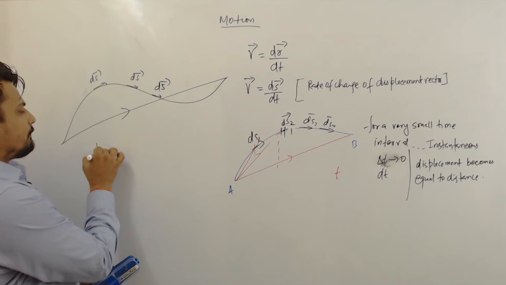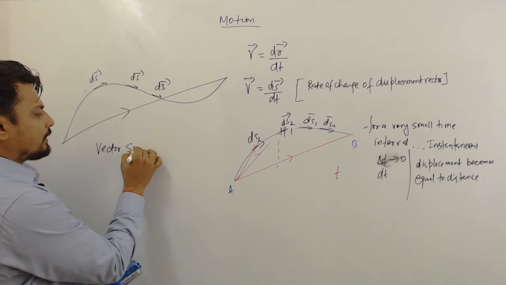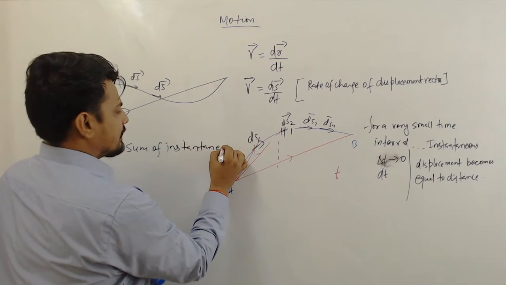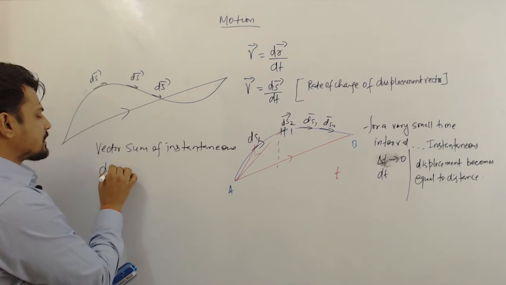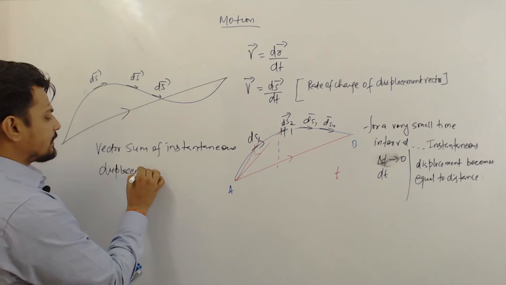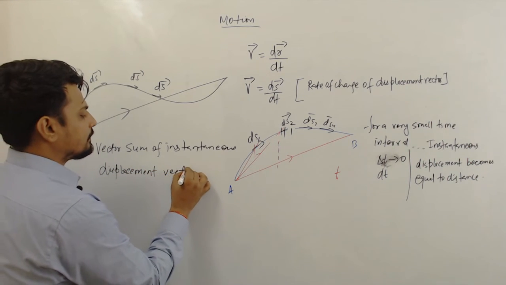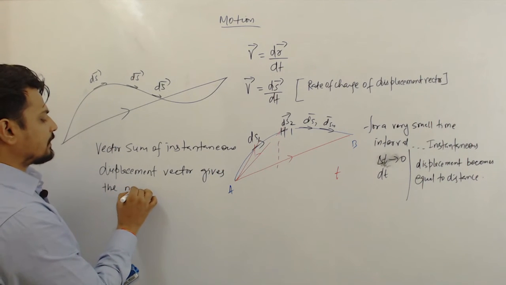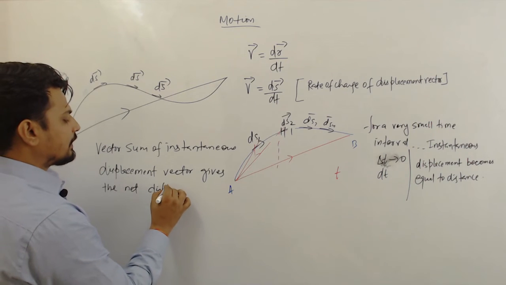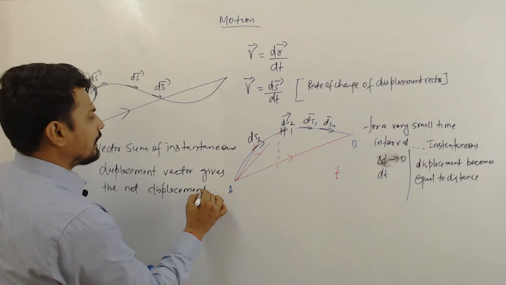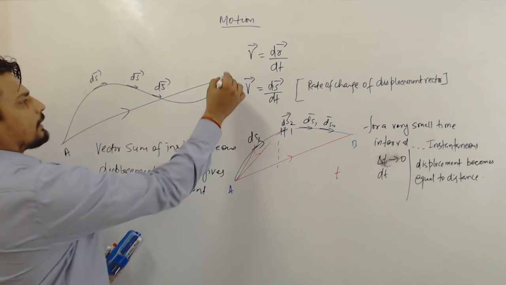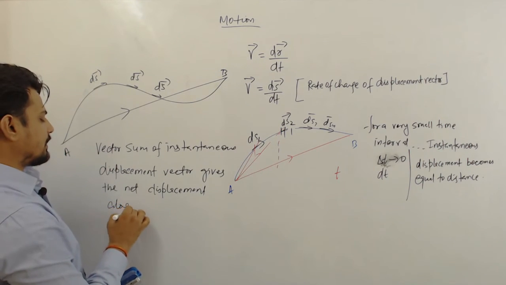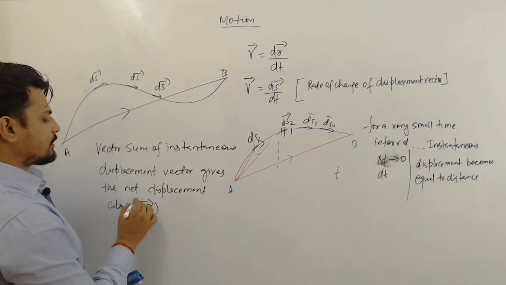So the vector sum of instantaneous displacement vectors gives the net displacement, and it would be along the vector AB. अच्छा जी.